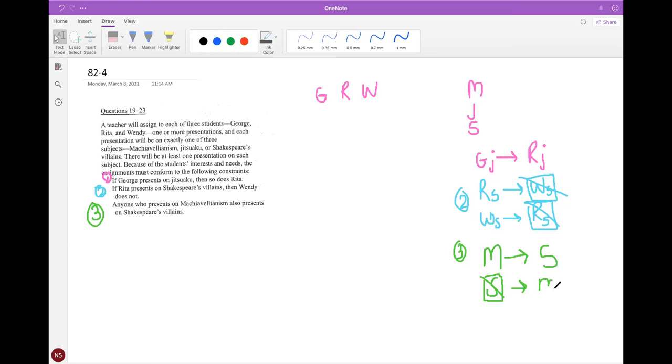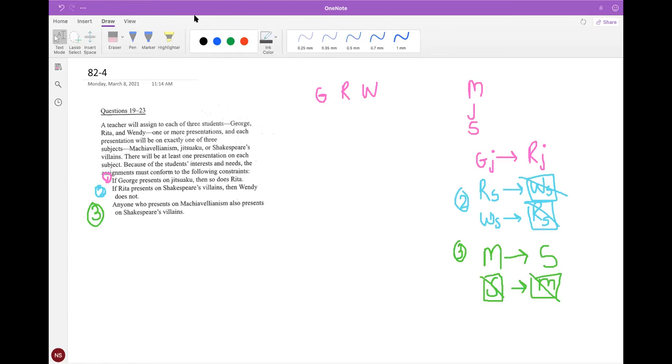Excellent. If I was doing this one, I don't know if I would do worlds for it because it's kind of simple. But we could though. So let's think. What is the most constrained variable here? Probably if R is S, right?